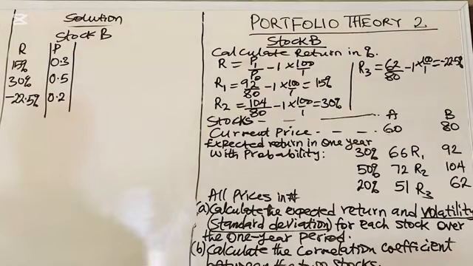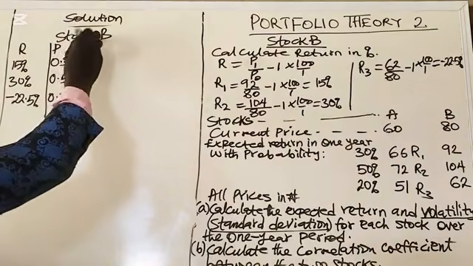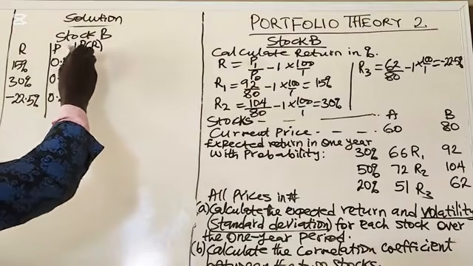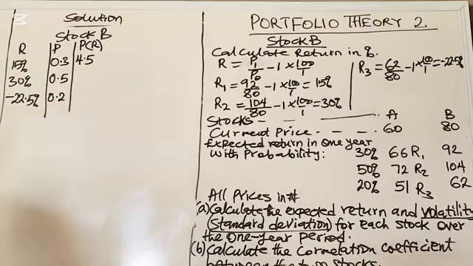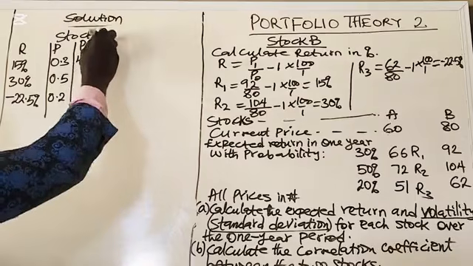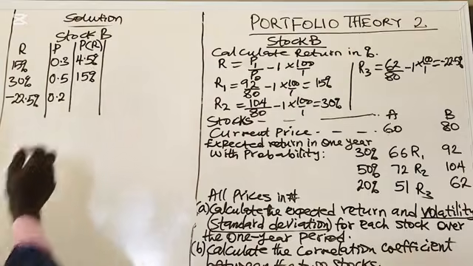So what is the expected return? Expected return is probability times returns. So 15 times 0.3 is 4.5%. 30 times 0.5 gives us 15%.